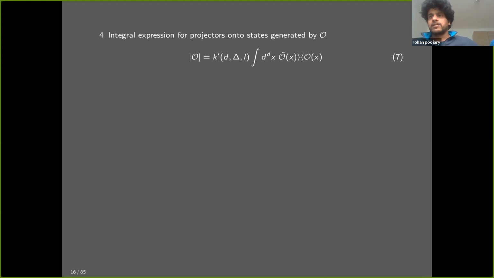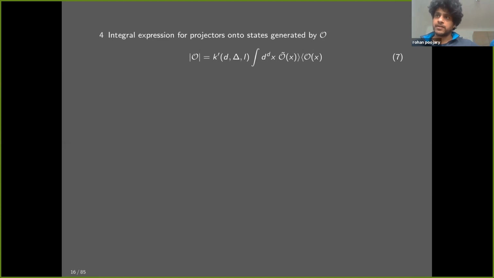It is the O operator acting on the vacuum and O tilde on this side, but instead of the summation over all the raising operators acting on O acting on the vacuum, you have an integral. So this conformal integral replaces the sum.